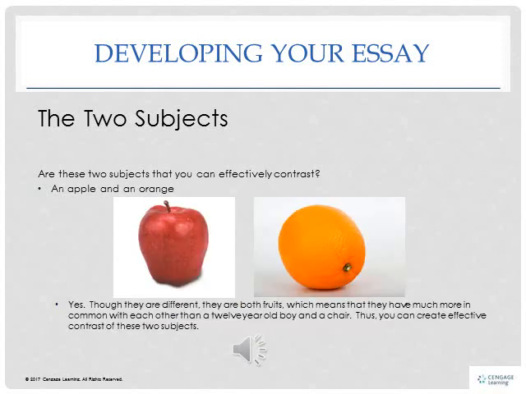Now here are two other subjects, and let's determine whether or not you can effectively contrast these two. An apple and an orange. You've all heard the common expression, it's like comparing apples and oranges. The expression is supposed to indicate that the two objects, the apple and the orange, are so different that there's no way to even identify any kind of common characteristics. That, of course, is a lie. For example, they're both fruits. And if they're both classified in the same botanical category, that means they've got a lot in common.